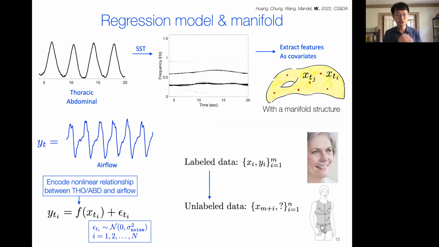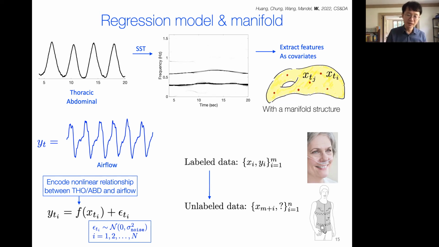The relationship is written on the left bottom region, where YTI is the airflow signal recorded at time TI, and XTI will be the covariates or features we extract from the thoracic and abdominal movement at time TI.